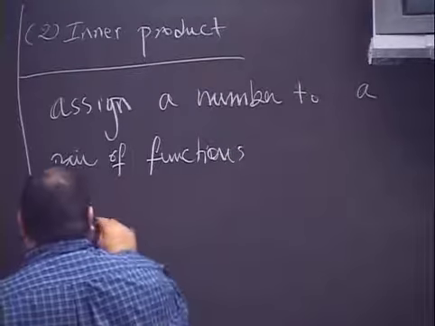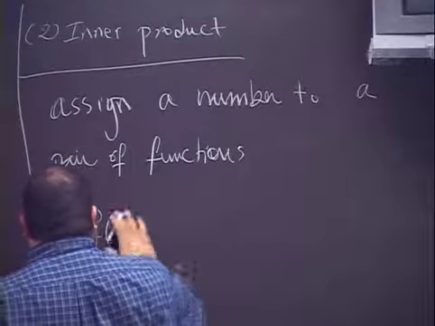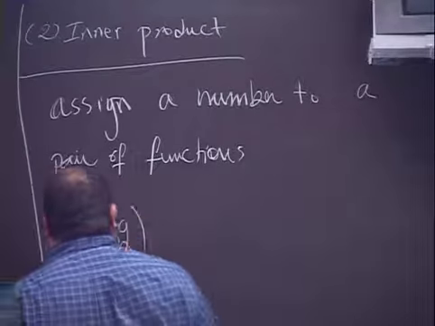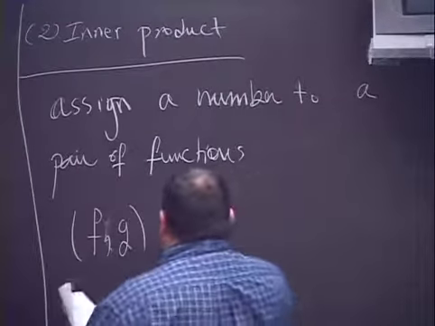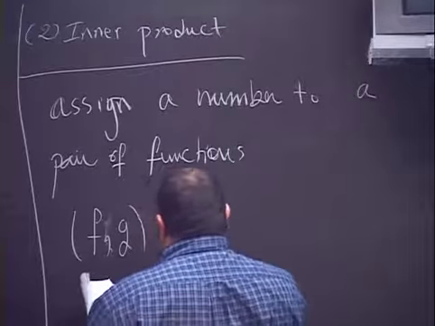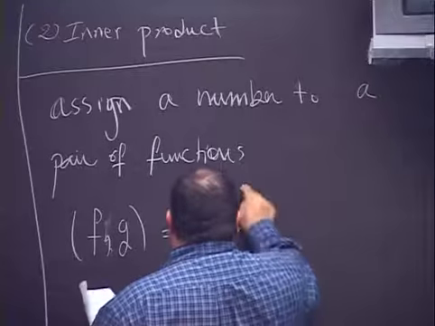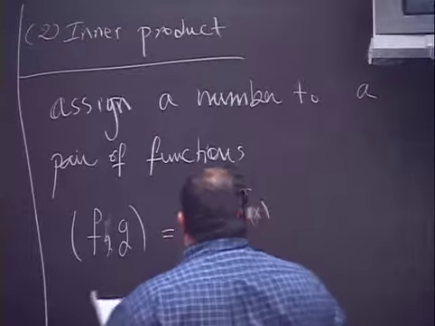Let's say you have the inner product of functions f and g, and this is defined as the integration from a to b, over a certain interval, of the complex conjugate of the function f.